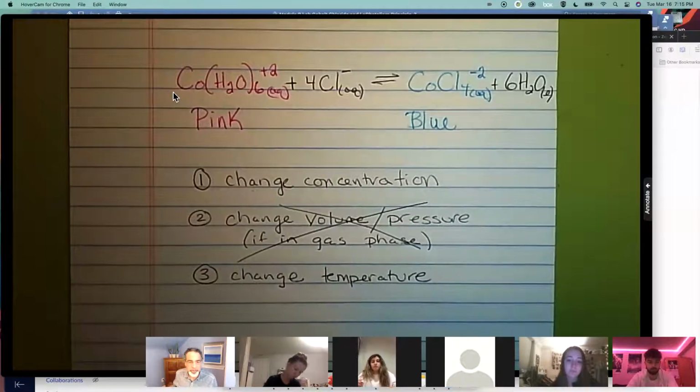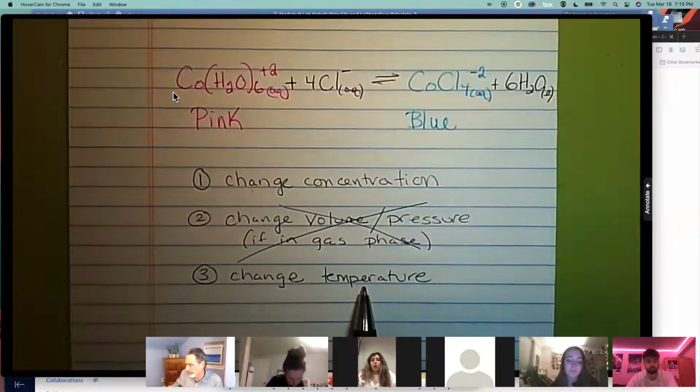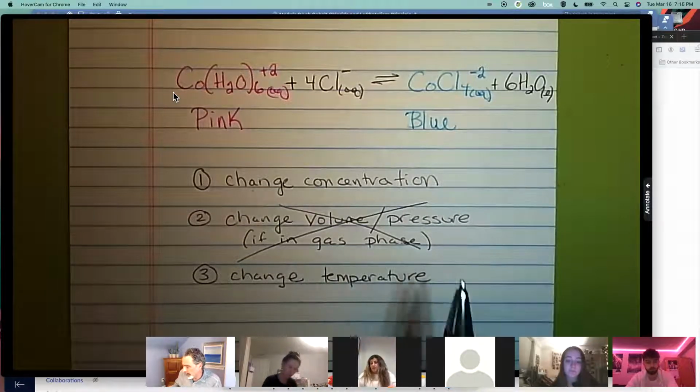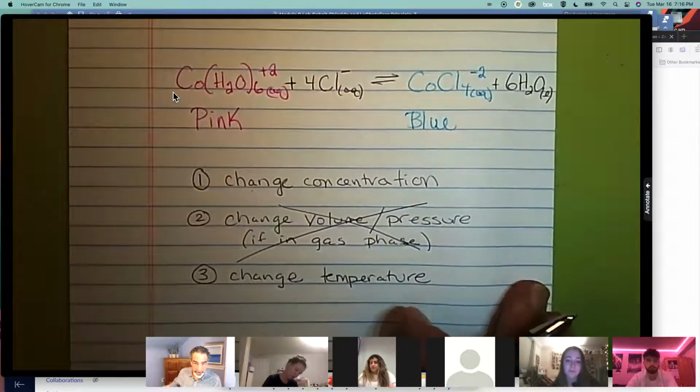Last thing is the changes in temperature. And this relates to whether a system is exothermic or endothermic. And you can change temperature by increasing temperature or decreasing temperature. For this, we have to know whether it is endothermic or exothermic. If something is exothermic, it gives off heat.